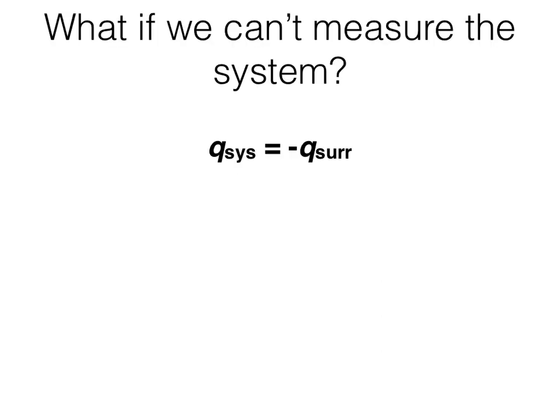So we work with this. We often are looking at systems where we can't actually measure the system. An example of this is if we have a beaker filled with water and we add in a type of salt, let's do NH4Cl, ammonium chloride, and we add that salt into the water.